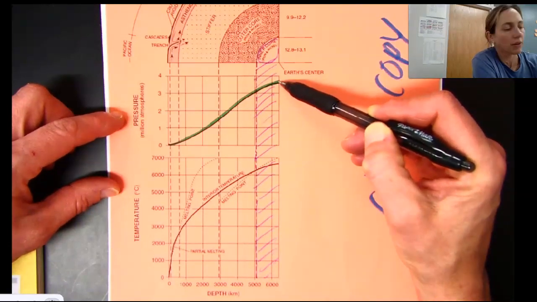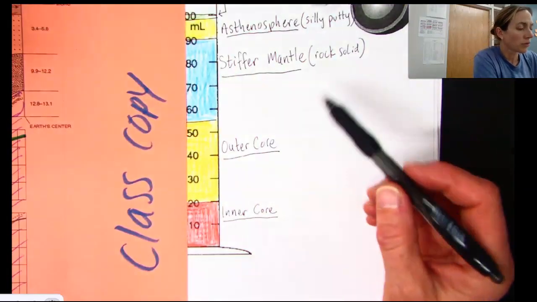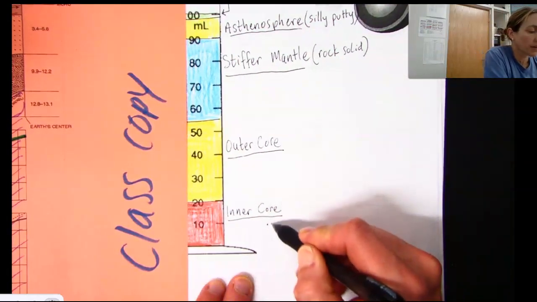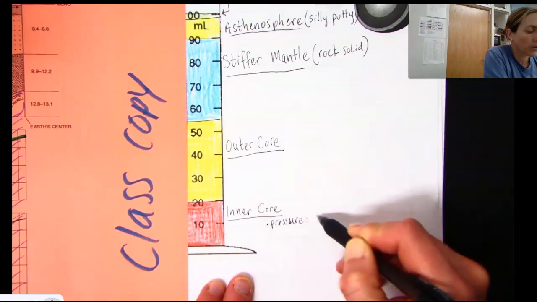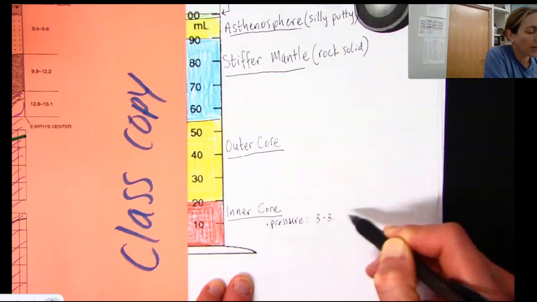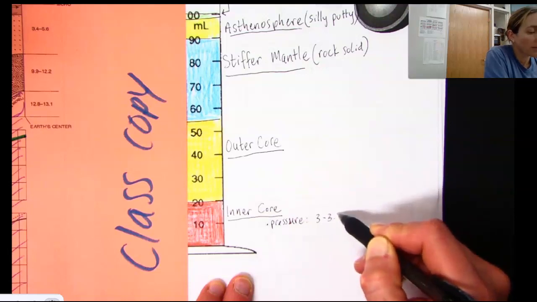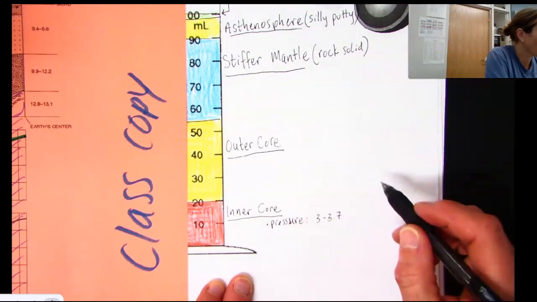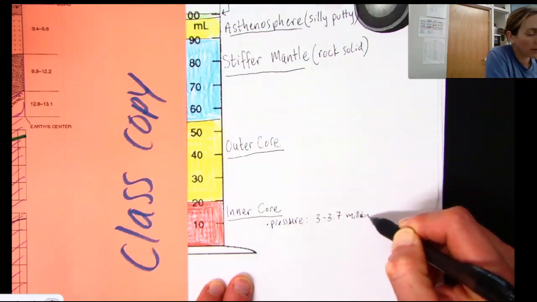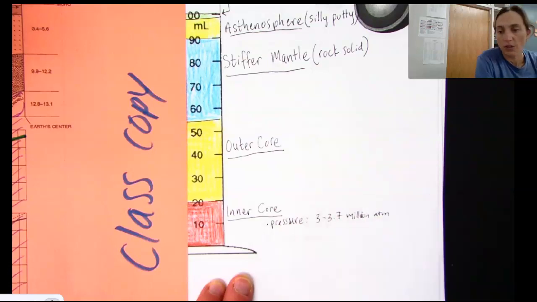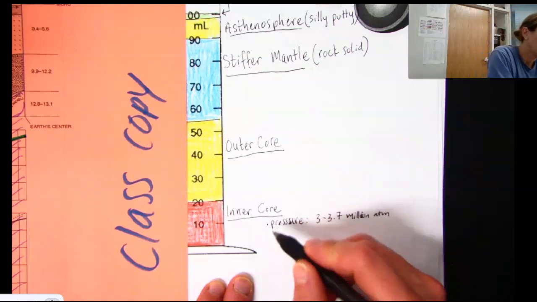So let me go over here. So for my inner core, I'm going to say pressure is probably about 3 to 3.7-ish million atmospheres. And you can just put ATM for atmospheres. I know that's a lot of information, but we're going to look at these numbers.